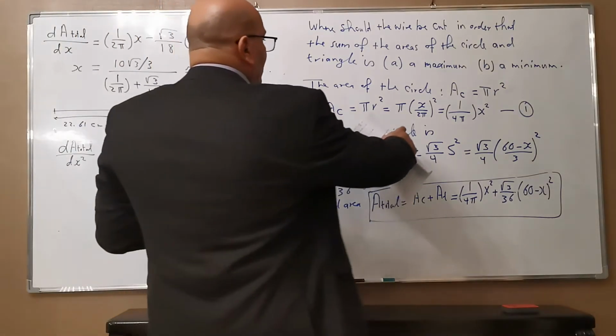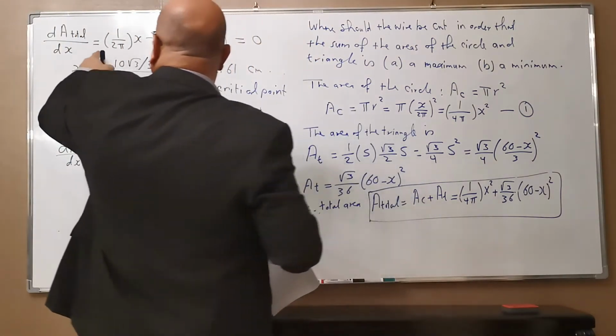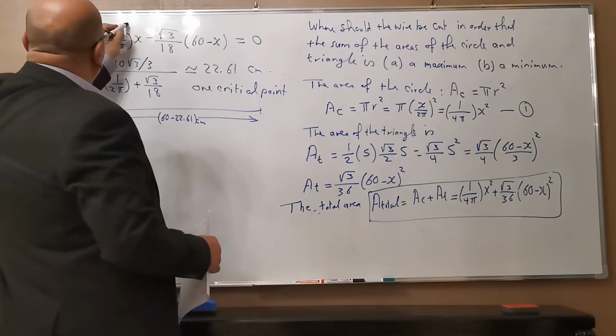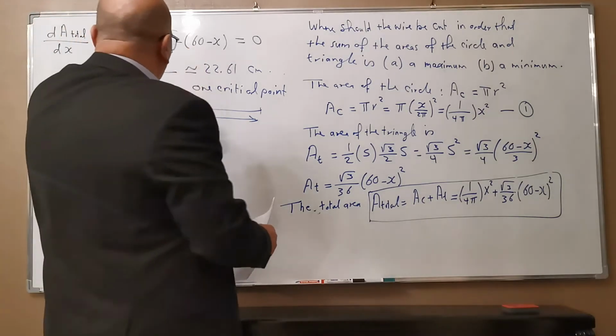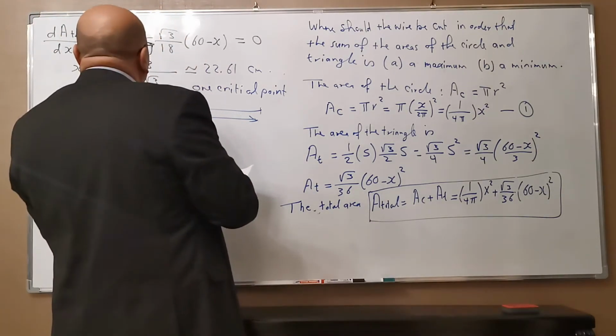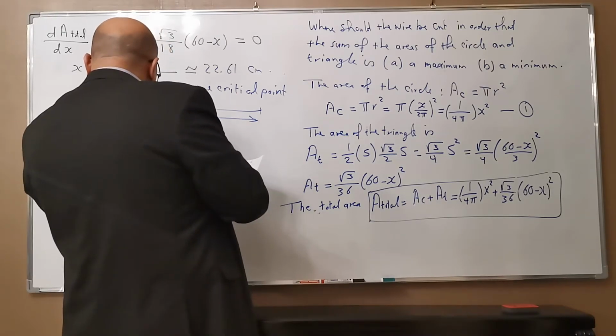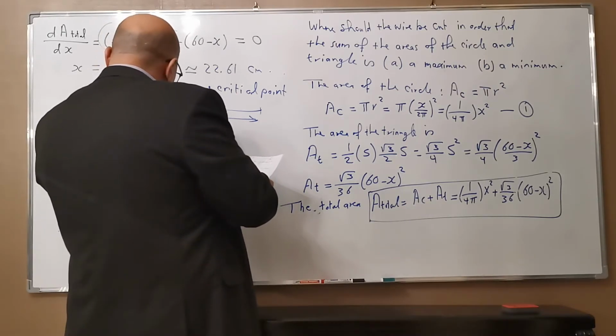So I'll take the first derivative, which is here, 1 over 2 pi, and this one here is plus square root of 3 divided by 36 times 60.